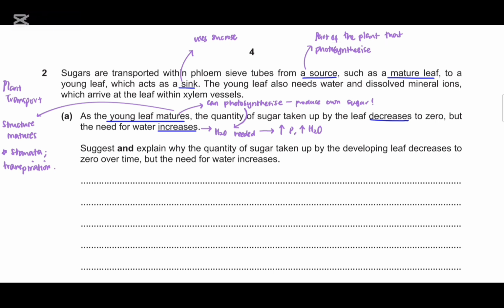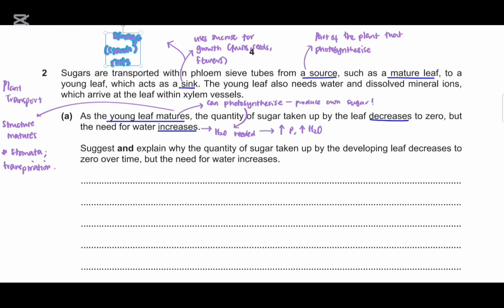For example, for growth, in any growing parts of the plant like fruits, seeds, flowers, or it can also be stored. For storage, we know that sucrose will get converted into starch, for example in the roots. That's an example as well.